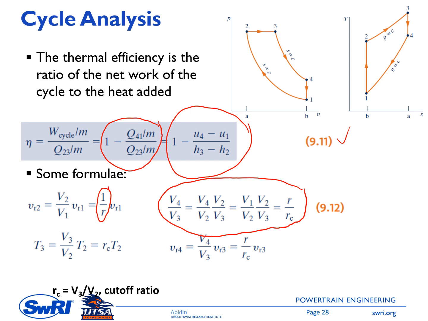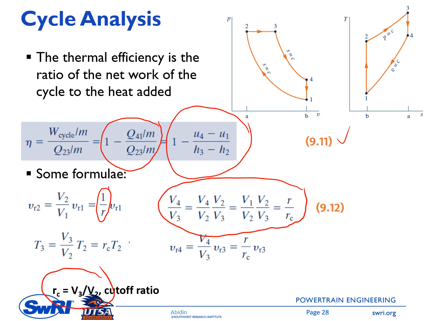So this is R over RC. RC here is V3 over V2, sometimes also called the cutoff ratio. So we have R and we have RC for this ideal diesel cycle.